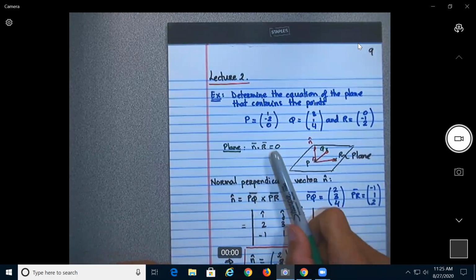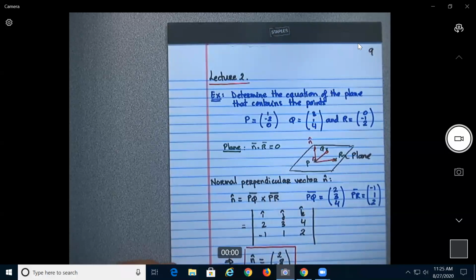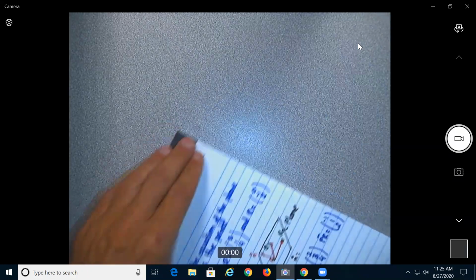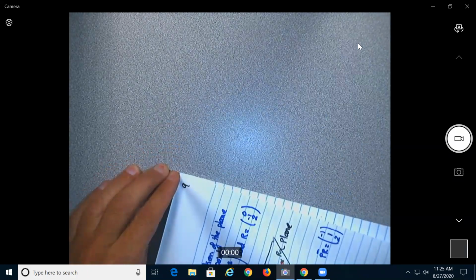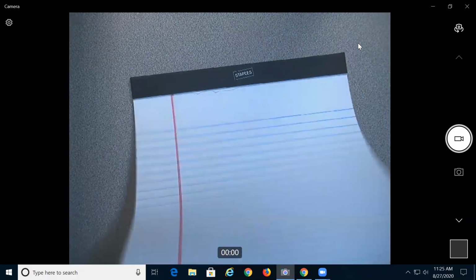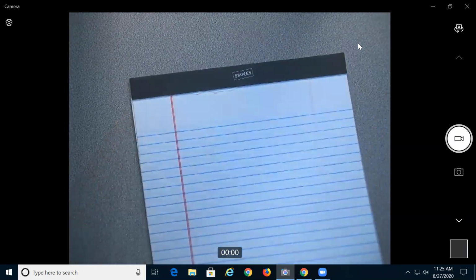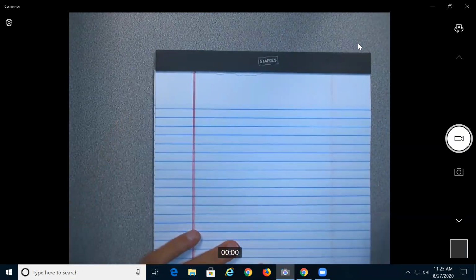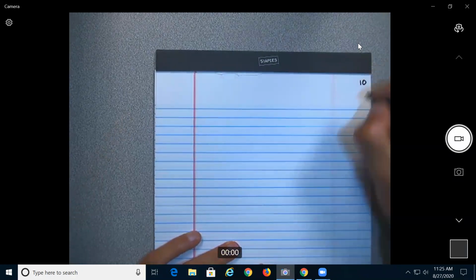Basically r will be from P to the general point.